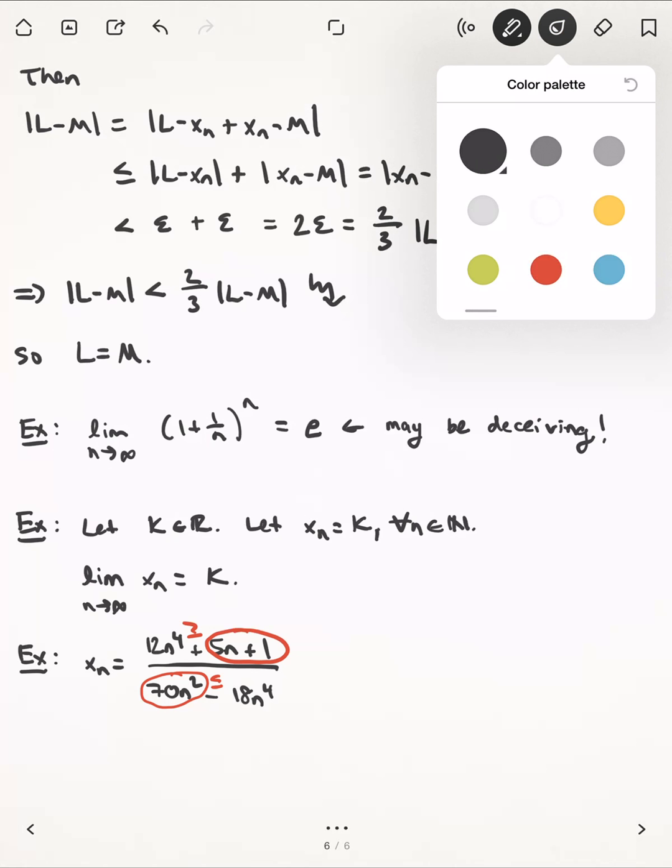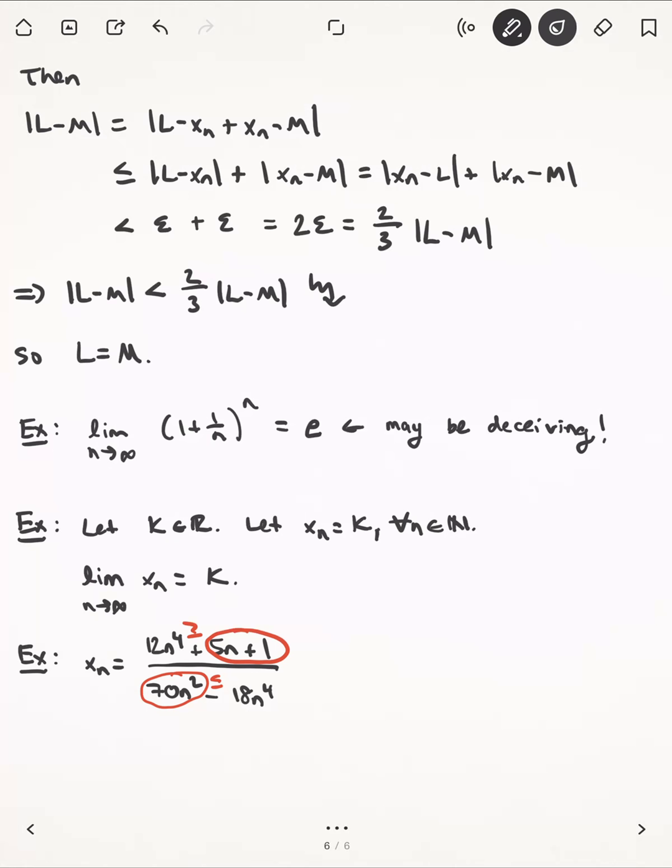And so for n sufficiently large, this is approximately just equal to 12n to the 4th over minus 18n to the 4th, which equals minus 12 over 18, which is minus 2/3.